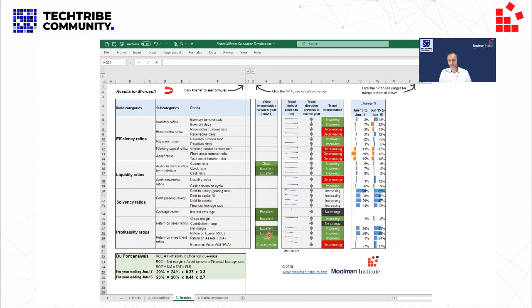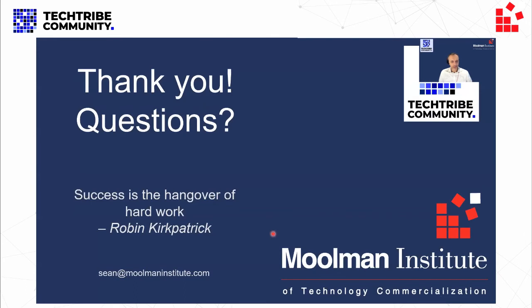So remember that their financial statements, they had a very good performance in the year that we looked at. And that's confirmed by the interpretation in this spreadsheet. So this is a useful tool for you to get a sense of the financial health of your business. And that's it. That's all I wanted to say.